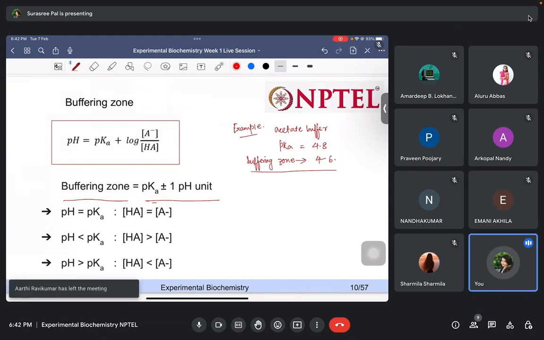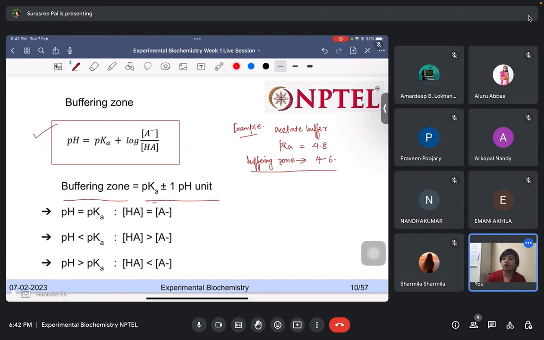Because if we now look at this equation once again, that is the Henderson Hasselbalch equation, which is pH equals pKa plus log of concentration of conjugate base divided by concentration of acid.